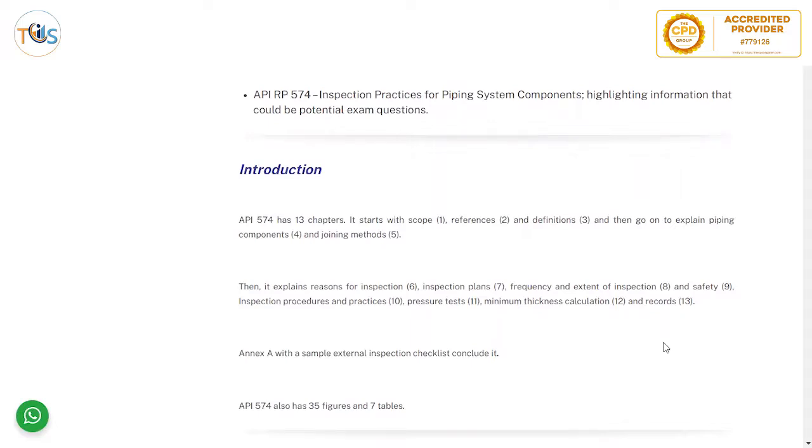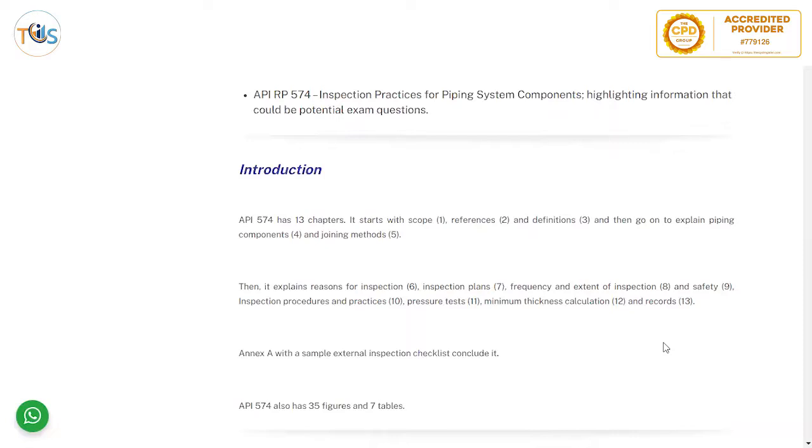API 574 has 13 chapters. It starts with scope, chapter 1, references, chapter 2, definitions, chapter 3, and then goes on to explain piping components and joining methods, chapters 4 and 5.